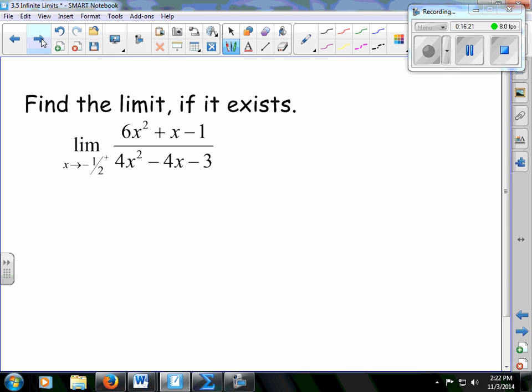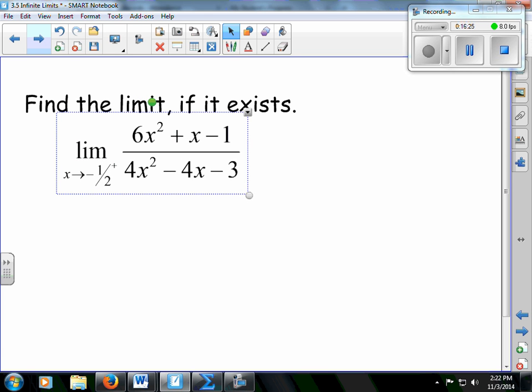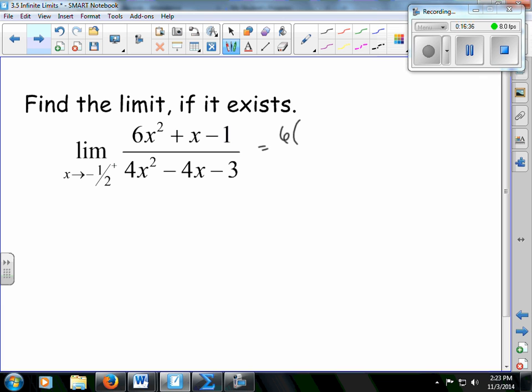And here's one more question for us to do. This is the last question. The limit as x approaches negative 1/2 from the right of this function. So let's just try to plug in and see what we get. Here I would get 6 times 1/4 minus 1/2 minus 1. So it's 3/2 minus 3/2, 0.